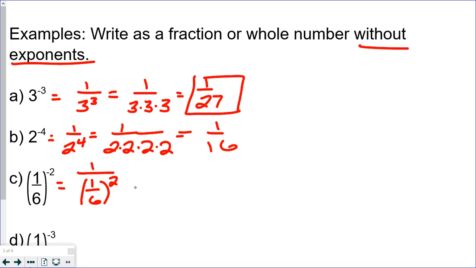Well, that is the exact same thing as 6 over 1 to the positive second. So all you have to do if your base is a fraction is flip it over, and then the exponent becomes positive. And 6 over 1 is just 6, so 6 to the second would be 6 times 6, or 36.